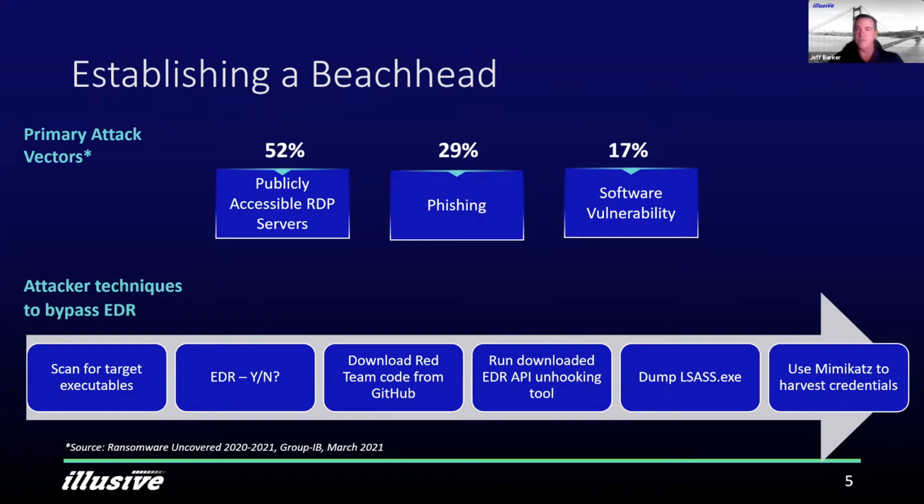We started to really see this documented in the SolarWinds attack, and we see that continue. You can go to GitHub and download red team code that gives you ways to do that. So that beachhead is real, and that's why we talk about assuming compromise and being prepared for it.